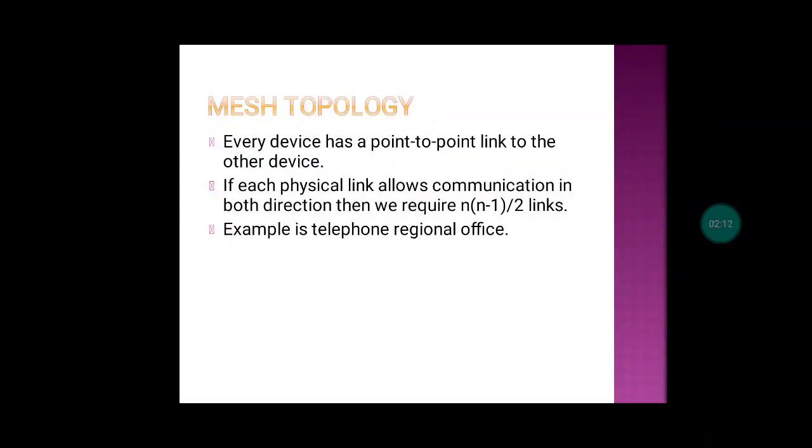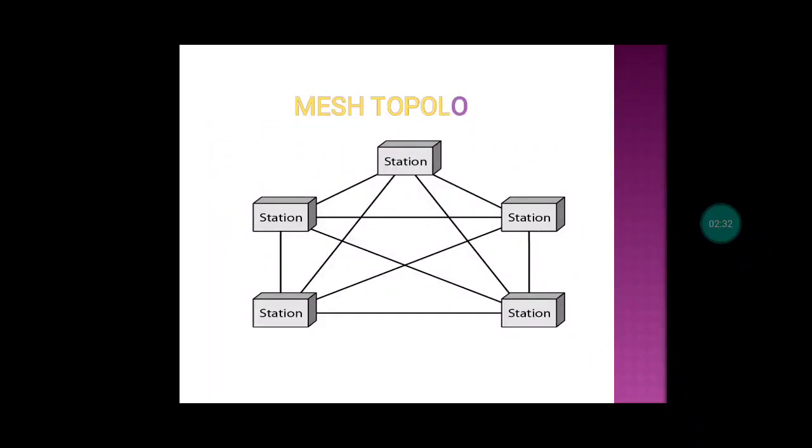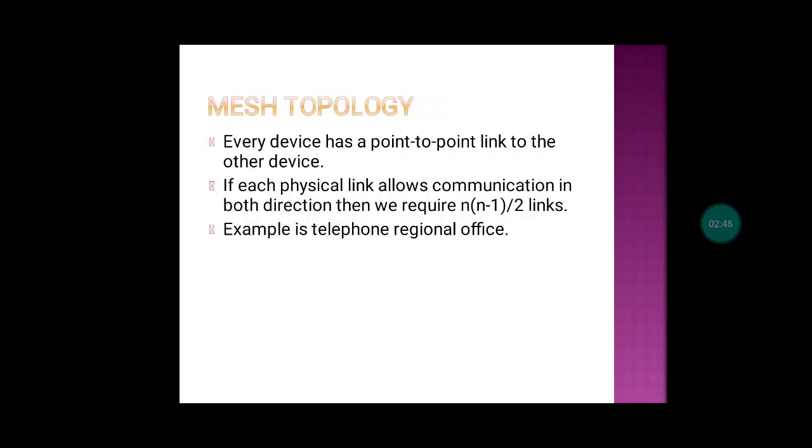If each physical link allows communication in both directions, then we require n(n-1)/2 links. If n is the number of nodes, like in this diagram where there are 5 stations or 5 nodes, then the value of n will be 5. The total number of links required is n(n-1)/2.